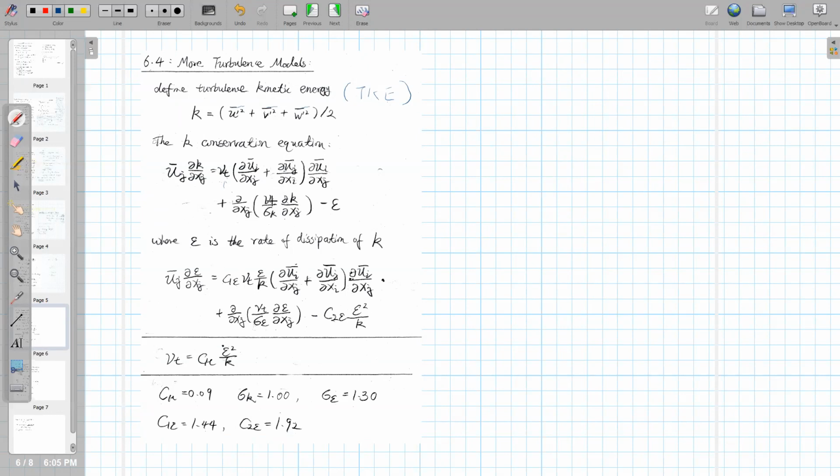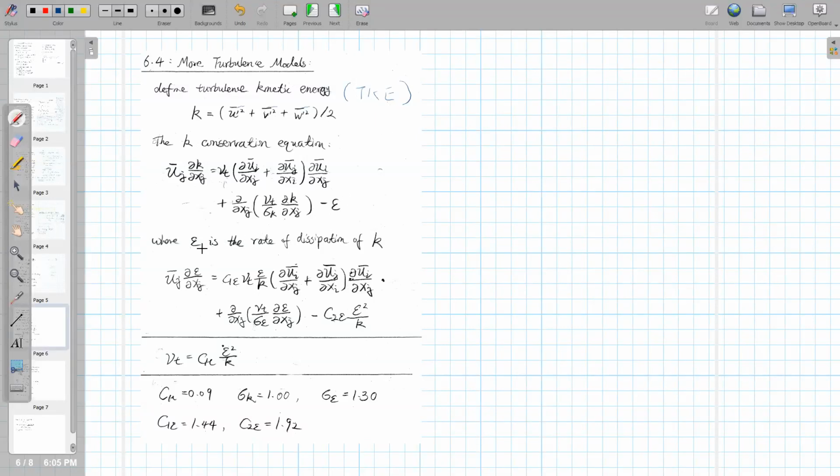And there is nu T and another constant sigma K, partial K over partial x_j, and minus epsilon. Here is where epsilon appears in this equation. Epsilon is called the rate of dissipation of K, so basically it's the dissipation rate of this TKE.